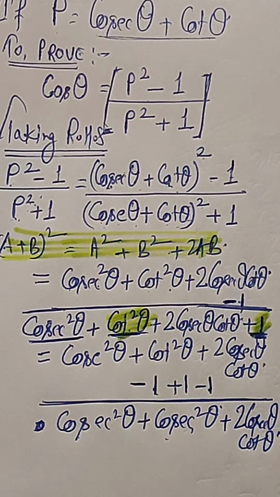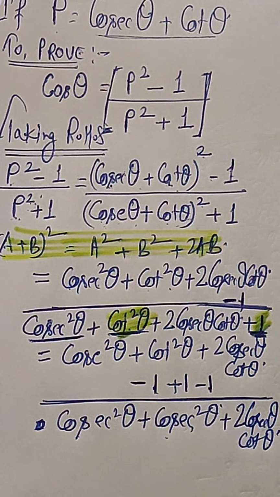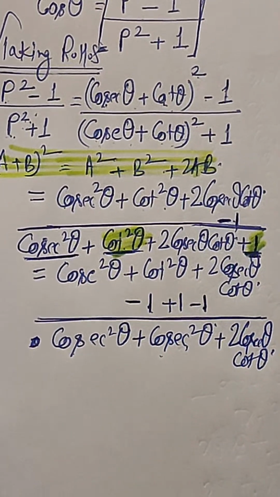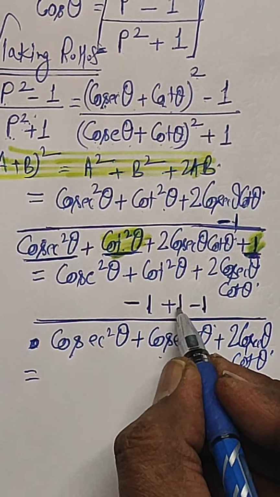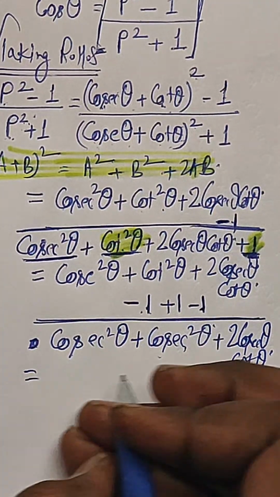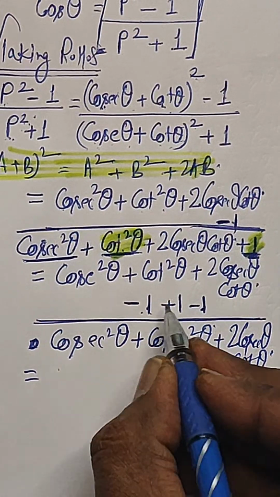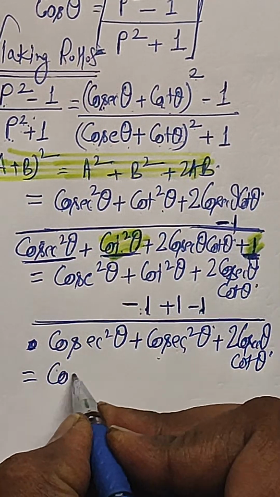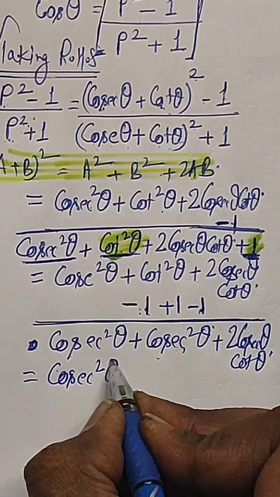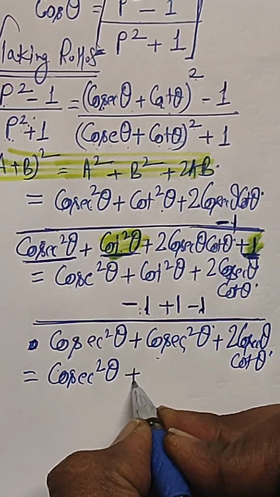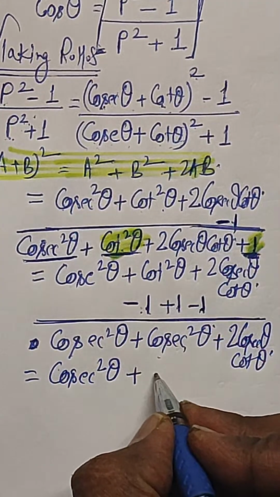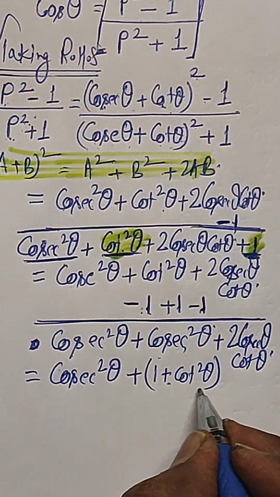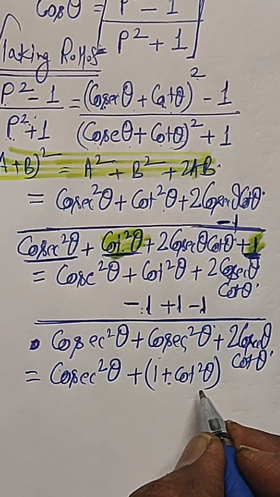Now from here you can see why we added 1 and subtracted 1. Here you can see minus 1 and minus 1 becomes minus 2. So we will do into the numerator cosec square theta as it is, and here 1 plus cot square theta, just take into the bracket 1 plus cot square theta, because this is cosec square theta, we know the formula, right?